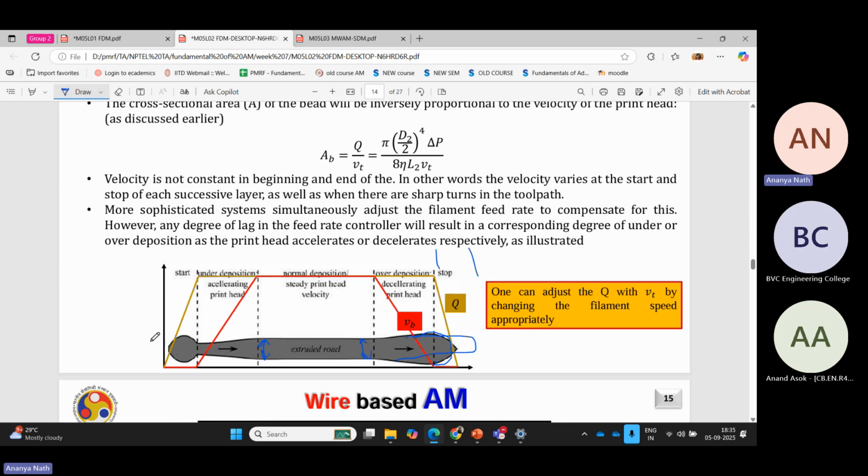From here also, you need to start the machine from here, and start the feed rate from here so that this portion will also be flattened. So these are some cure and optimization techniques that we follow during printing to get a very flat bead or flat layer.